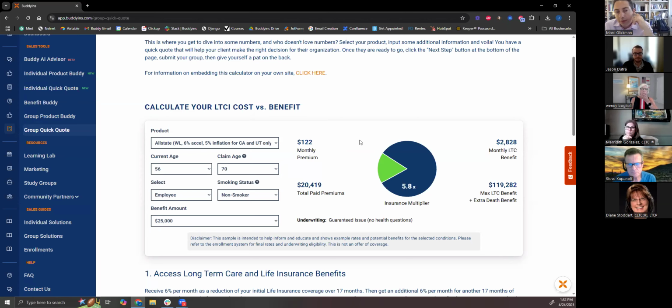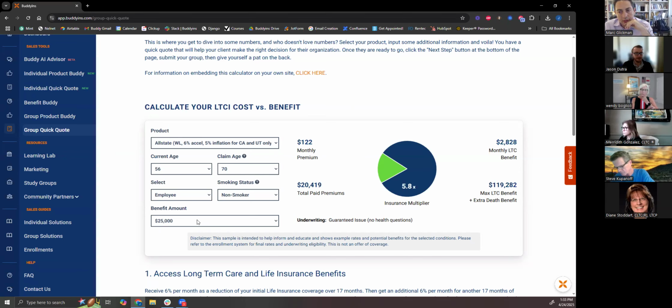Depending on the size of the group, they may be able to do a simplified issue higher amount above that. And that becomes really compelling with 5% compound, far more compelling than saying we can give you 20,000 face amount without any inflation protection. So it looks really nice in California.